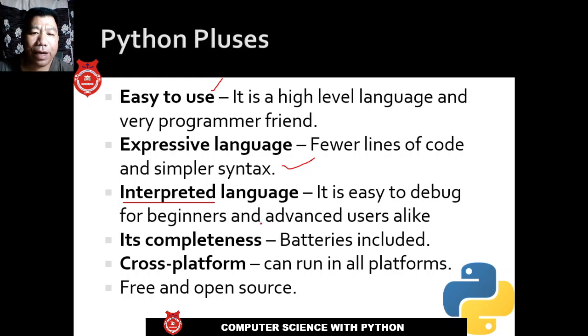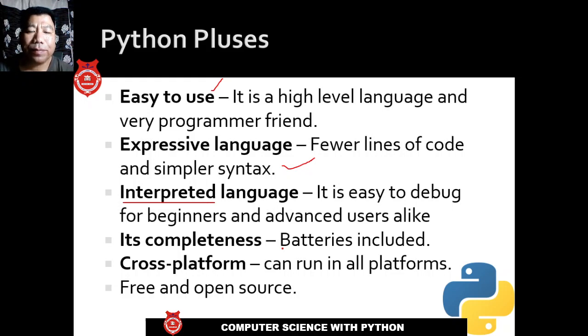And one of the advantages of Python is its completeness. When we say completeness, we can say it as batteries included. This means that there is lots of already written code which is ready to use. They are known as libraries.